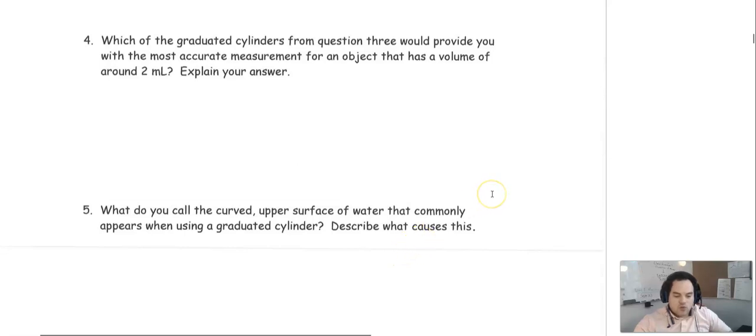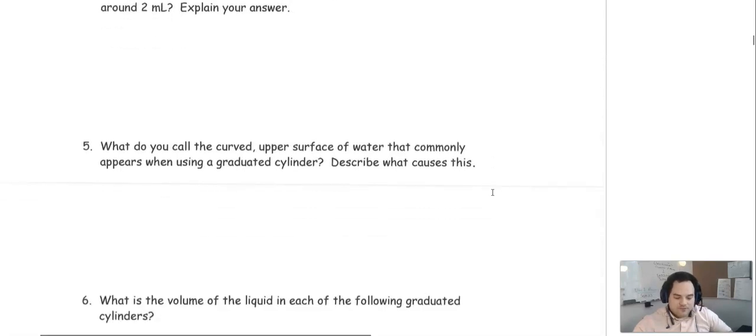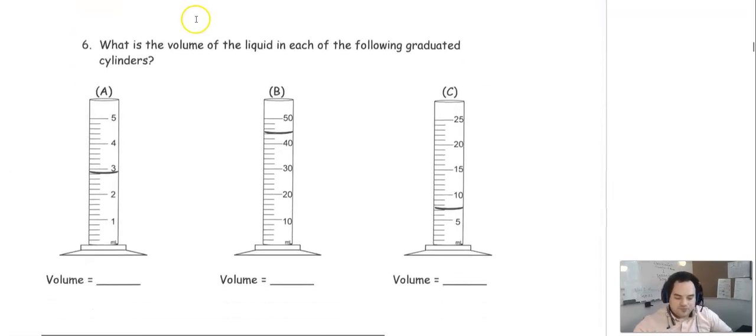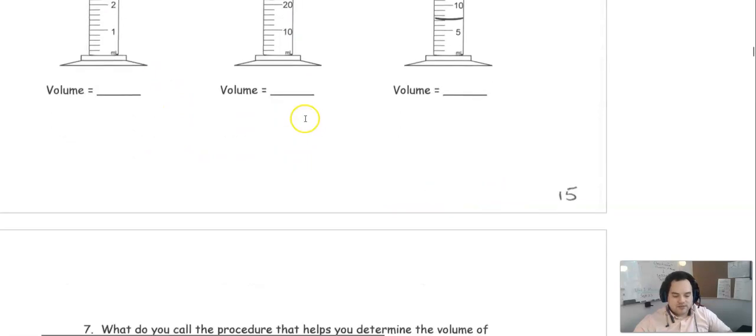So which one would give you the most accurate measurement for something around 2 milliliters? Which one would give you the closest measurement given the size of that object? You might want to Google this one. These ones are all measurements. You're going to need to figure out what the graduations mean for number 6.